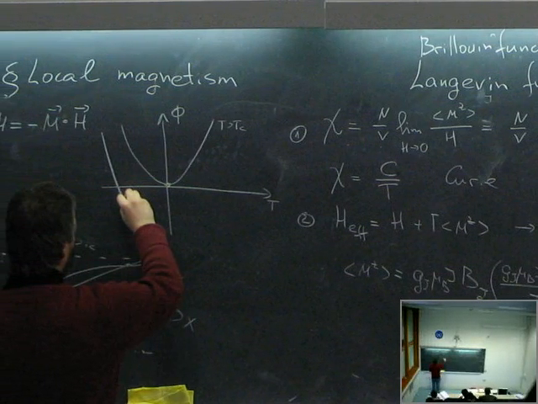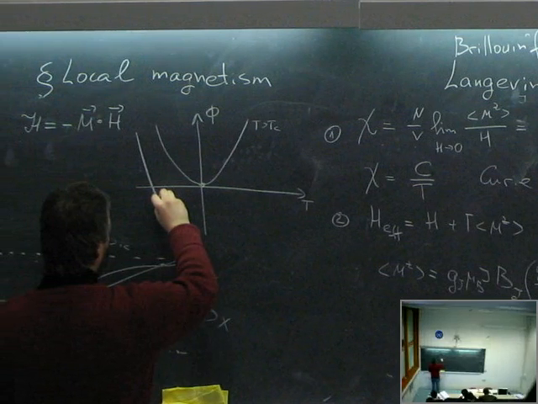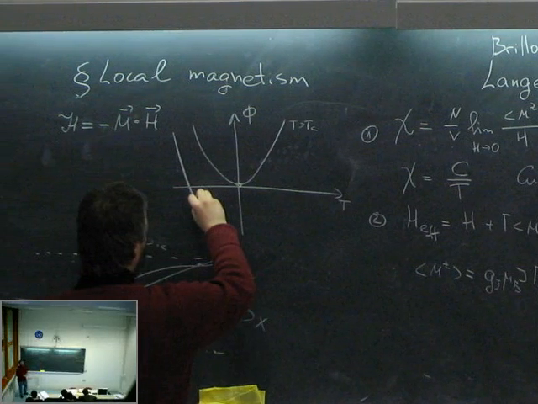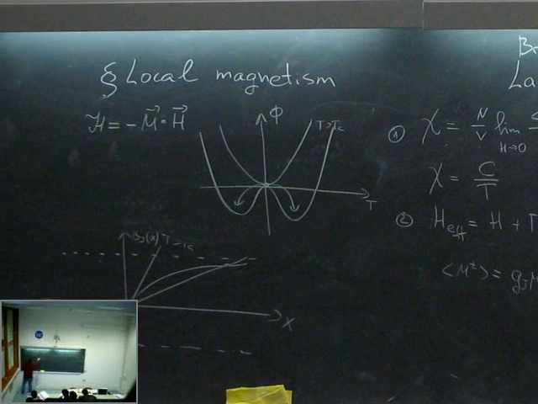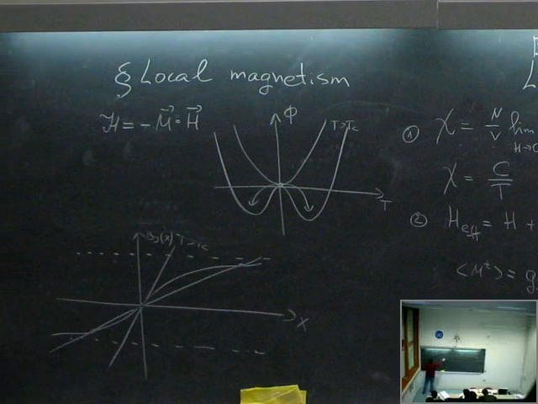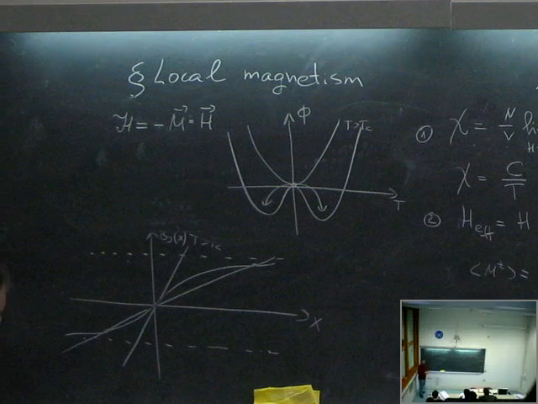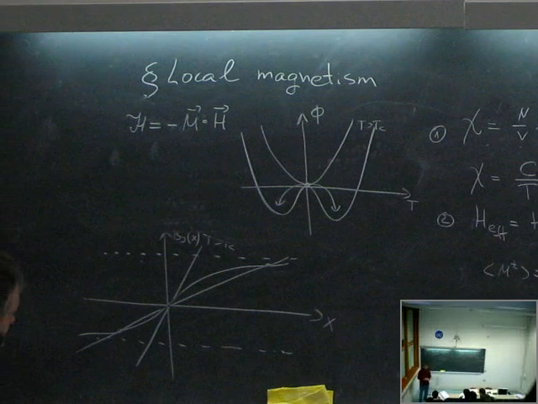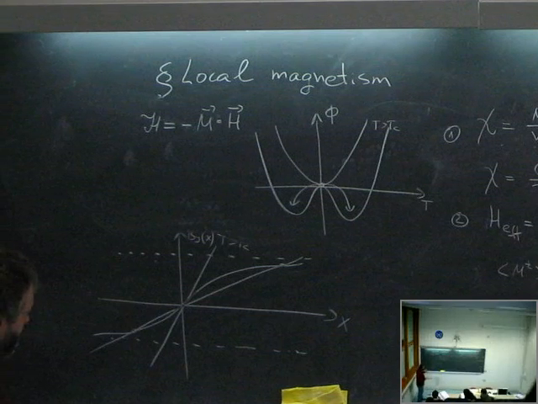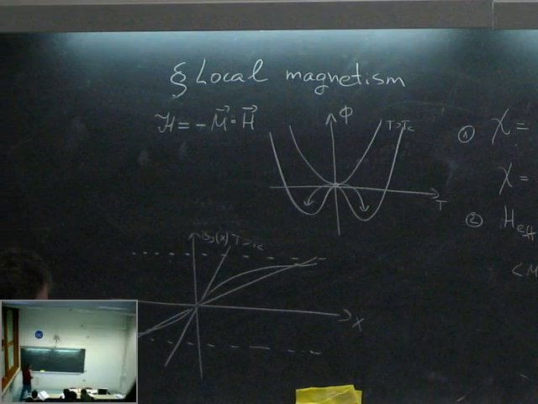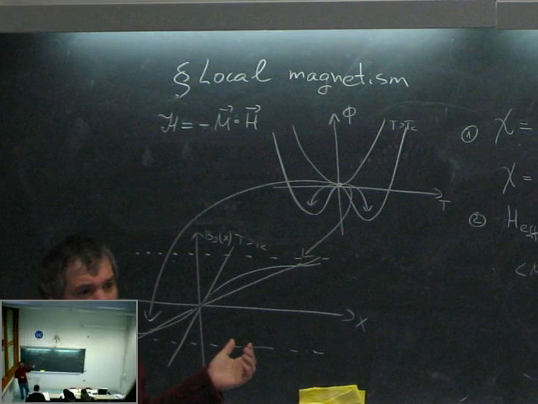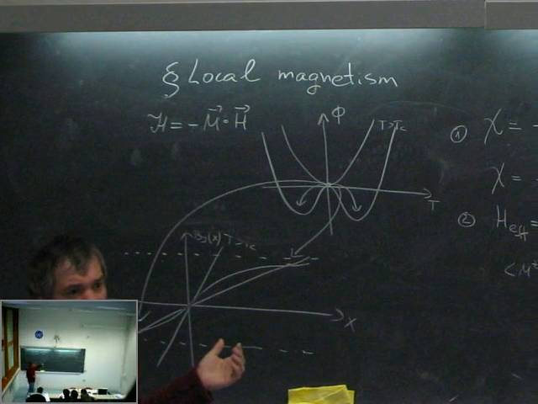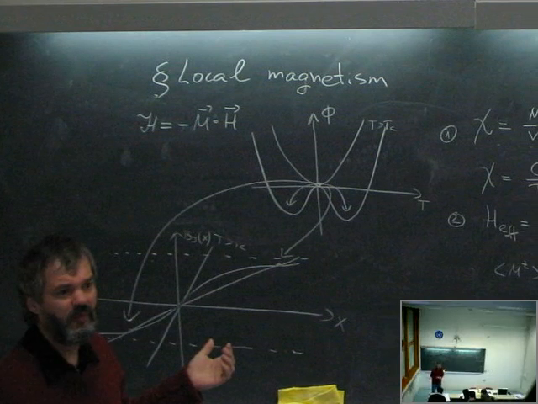So the system decides which one to go to. These are precisely the two minima corresponding to two different directions of magnetization, because when you don't apply a magnetic field to the system, both directions, parallel to z and anti-parallel to z, are equivalent.